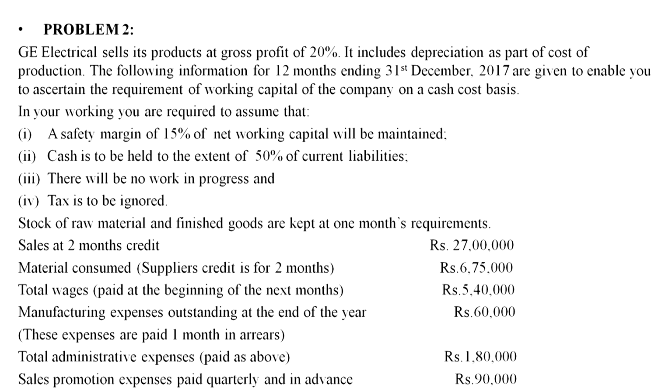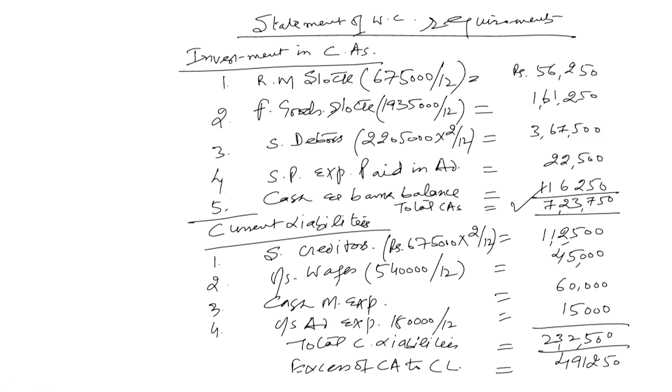The excess of current assets over current liabilities is the net working capital. So it means we have to maintain a margin of 15%, so add a safety margin at the rate of 15%.